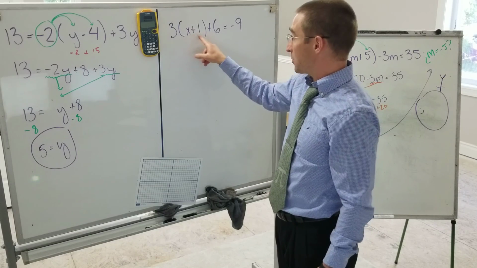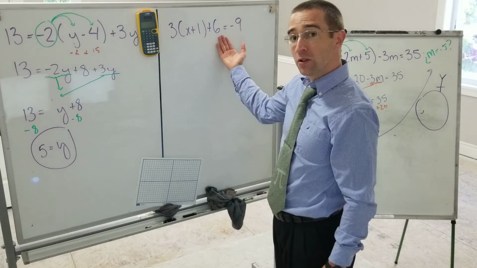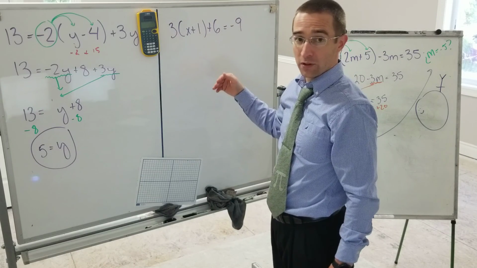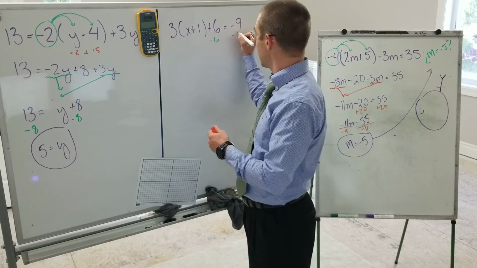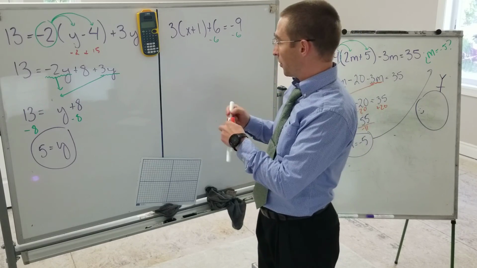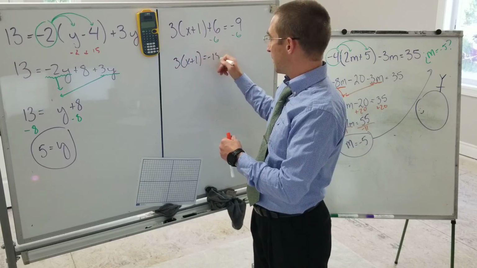It's x plus 1, then times 3, then plus 6. What we could do is just reverse the order. We could just go minus 6 on both sides, get 3 times x plus 1 equals negative 15.